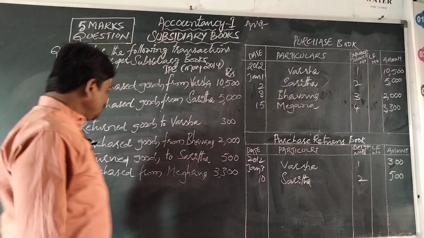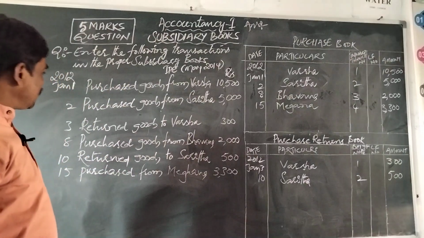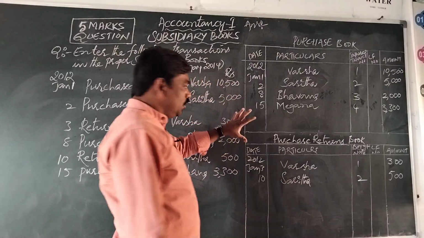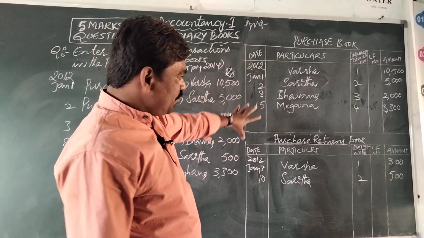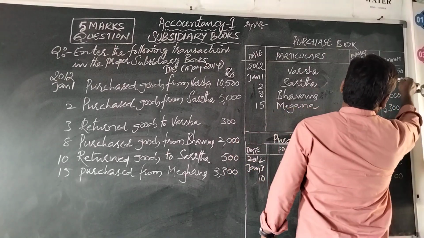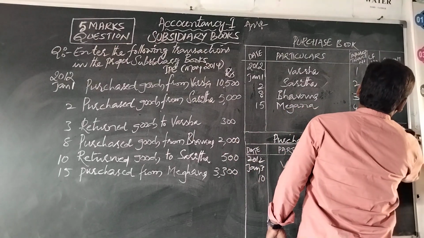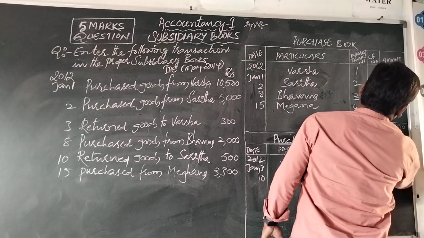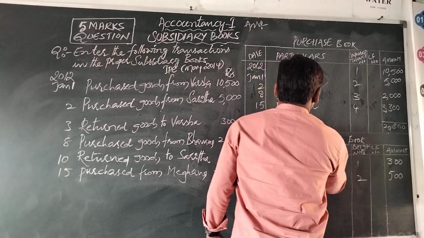So I think we entered all the transactions that are given in the problem. After entering all the transactions in the subsidiary books, you calculate the total in the amount column. Here you may get 20,800.